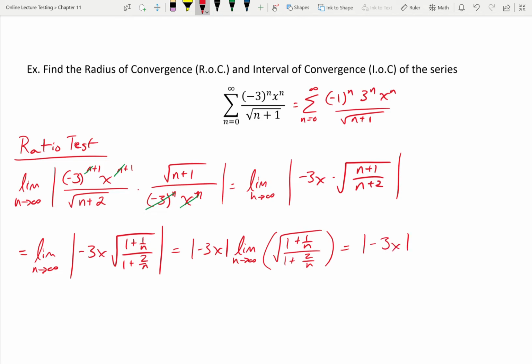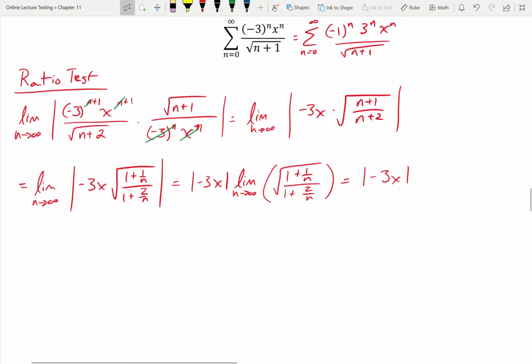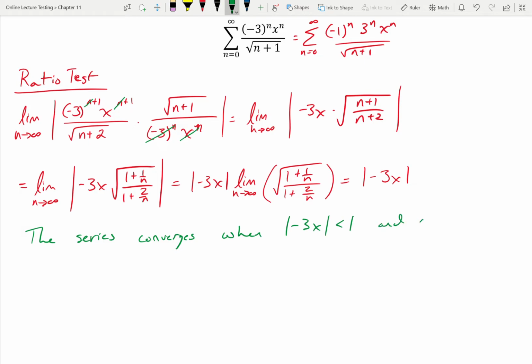All right. Well, this particular series converges when the absolute value of negative 3x is less than 1, and diverges when the absolute value of negative 3x is greater than 1.